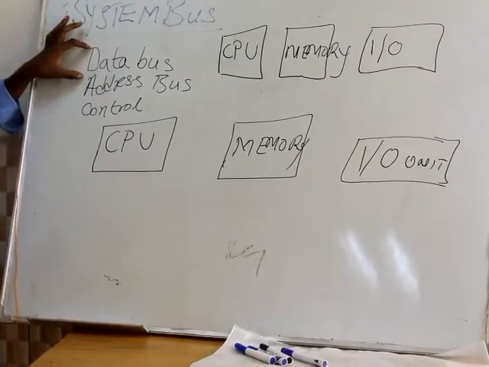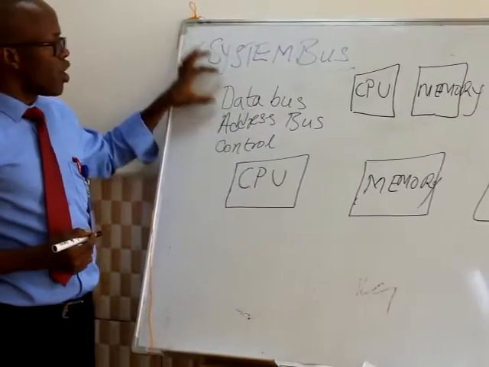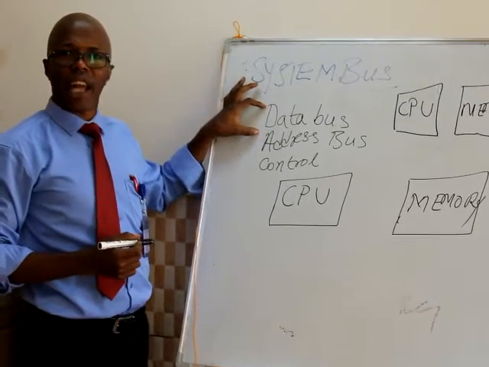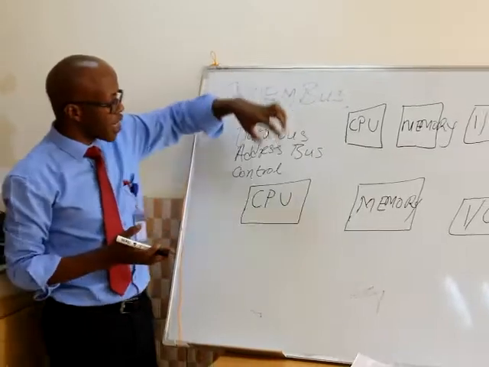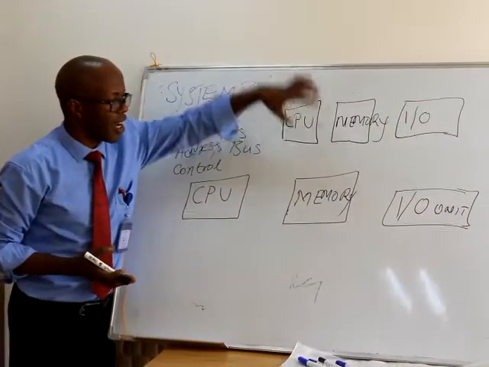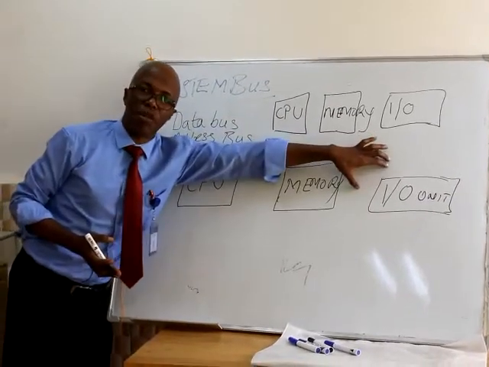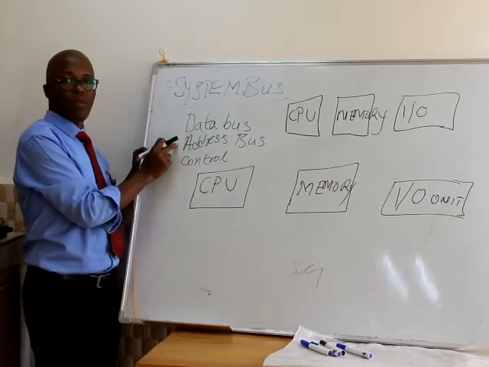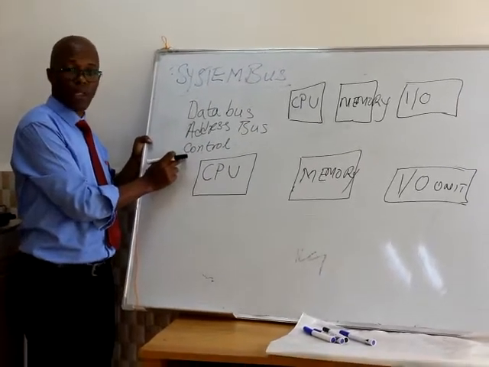As I told you, these are lines, all wires, all communication channels. When you talk about the data bus, it is a set of lines that run between the CPU, the processor, the memory, and the input-output unit. The same applies to the address bus. The same applies to the control bus.